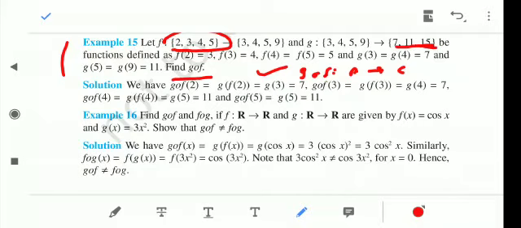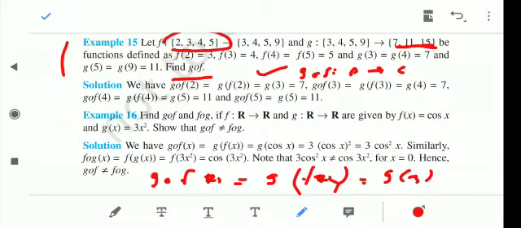So gof(2), if I ask what is the value of gof(2), can be written as g of f(2). You can see what is the value of f(2) here. f(2) value is 3. So we will write here g of 3. And what is g(3)? g(3) equals 7. So the value of gof(2) is 7.